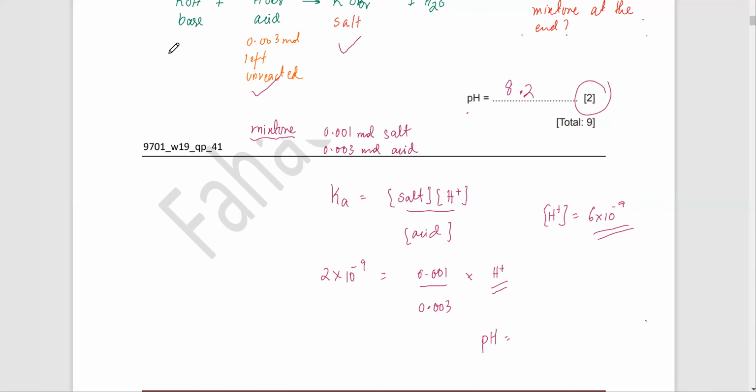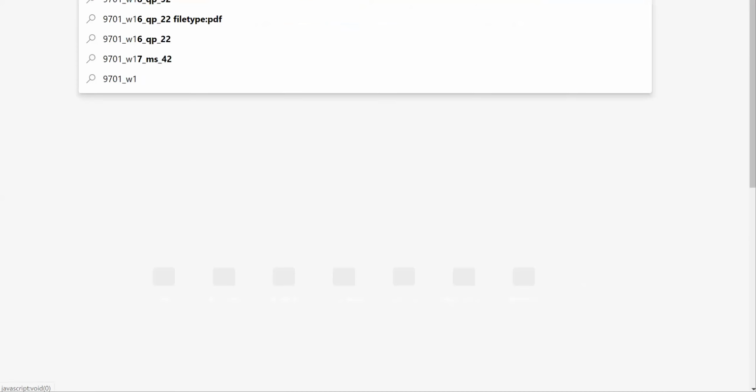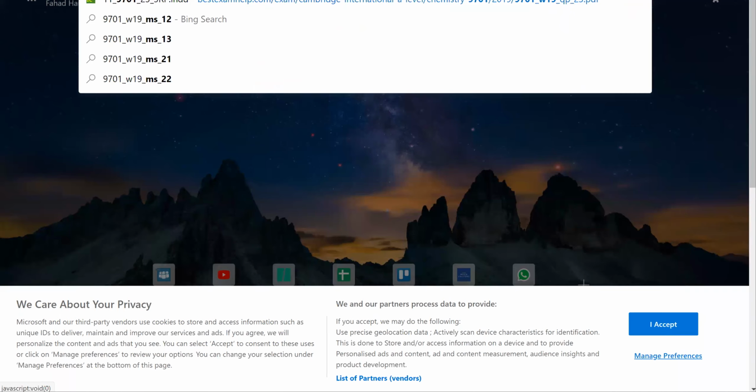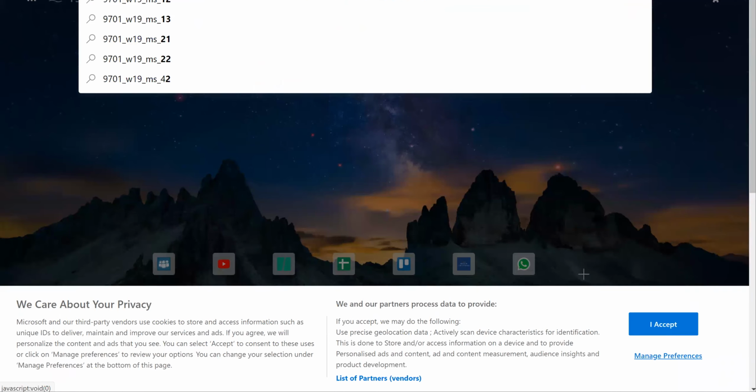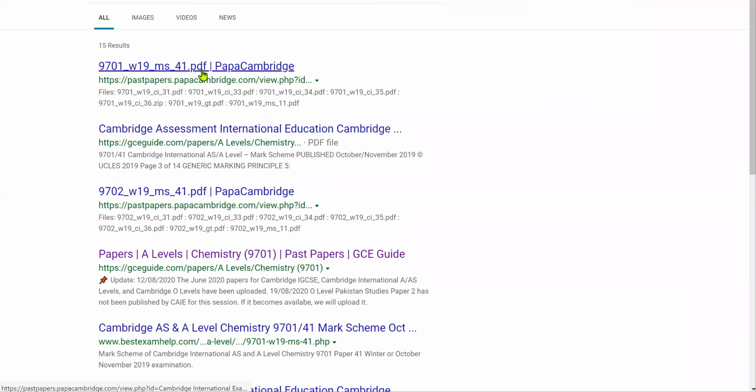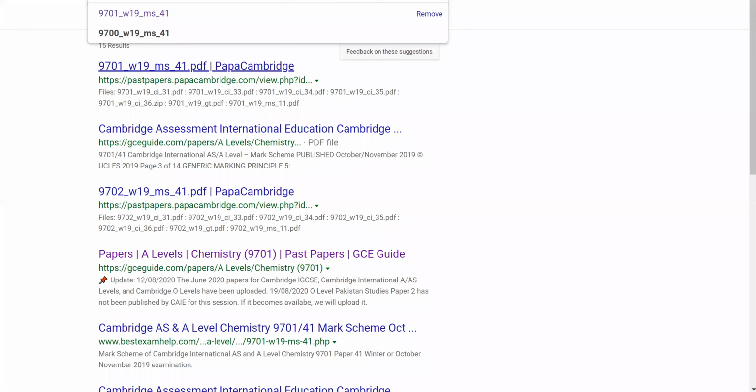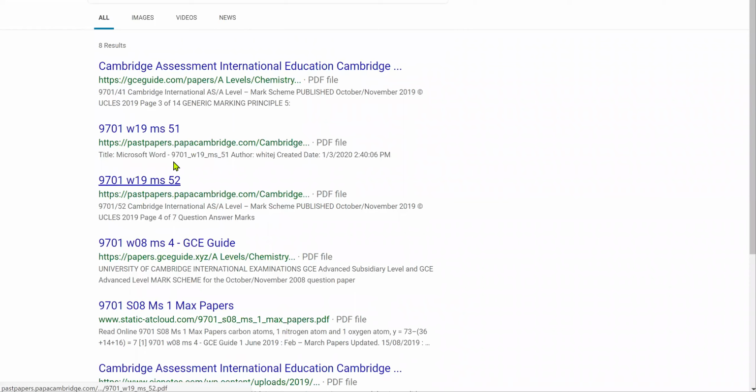Let me also quickly open, because this question requires a lot of working and it's just 2 marks. So it's W19 QB41. Let me quickly also open the marking scheme W19. Just 1 second.